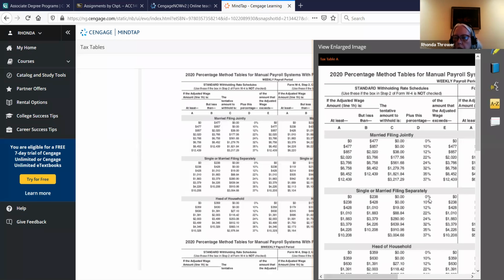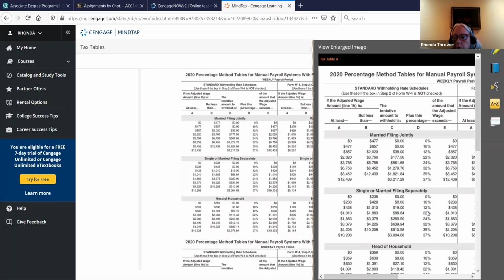Notice on your table that the tax rates are changing depending on the amount of money that an employee earns. Since we are falling in the category of from $1,010 to $1,883, our percentage is going to be 22%.